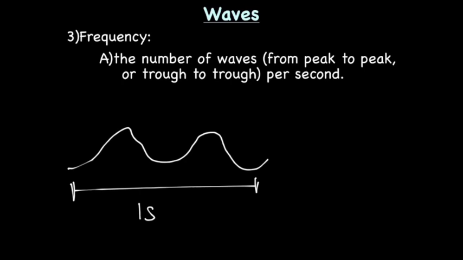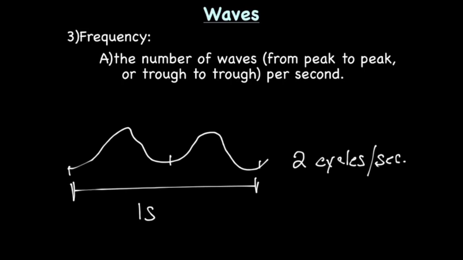We're going from this trough to this trough, that's one cycle, to this trough. So that would be 2 cycles per second. Wow, I really can't spell. Let's try that again. 2 cycles per second.